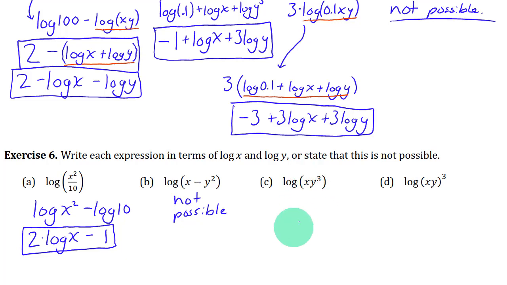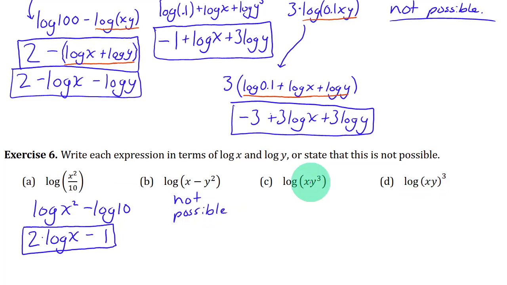C here, let's notice the difference between C and D. Which one of these is written as a logarithm of two things being multiplied, and which is the result of a logarithm of something to a power? This one is the result of multiplying two things, x and y cubed, and this one is the result of doing something to a power.